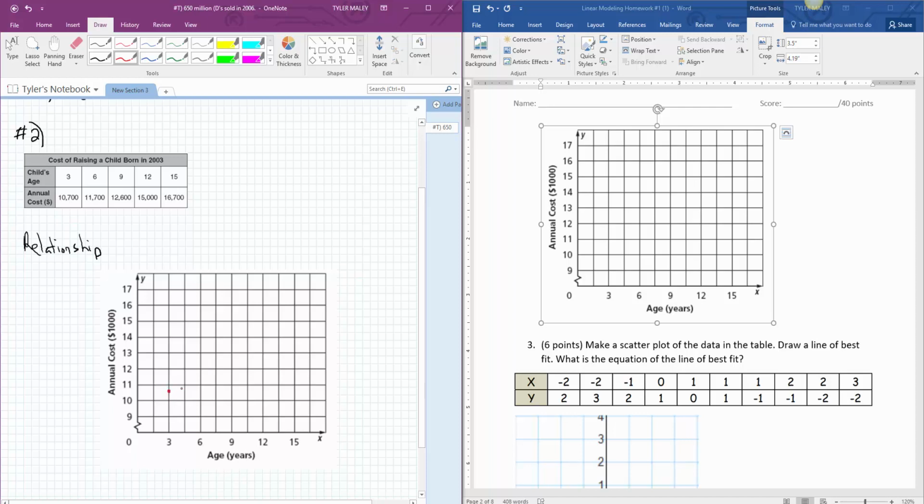And then we have 6 years old, and then somewhere around 11.7 will be here. And then we have age 9, and our data tells us about 12.6. And then for 12, we have 15,000, so we'd want to plot at 15. And then for age 15, we have 16.7.